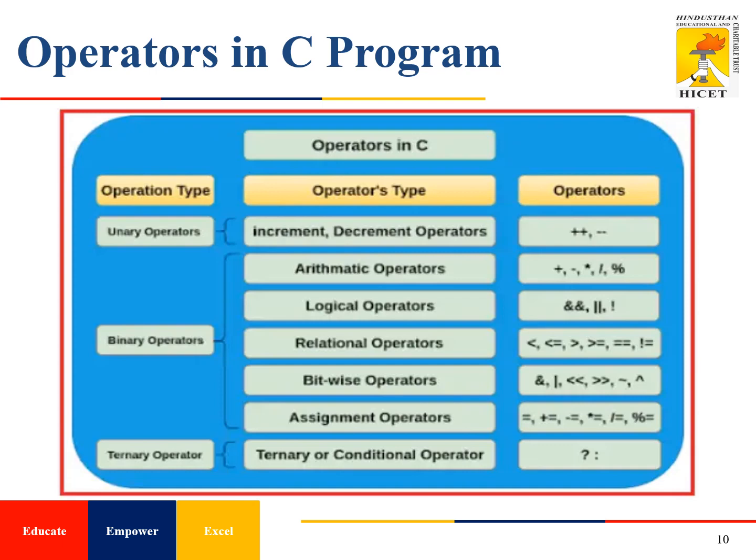Assignment operators are used to assign values to variables. We go with assignment operators like equal to, plus equal to, minus equal to, star equal to, etc. And the ternary or conditional operator is a special operator used as a conditional.